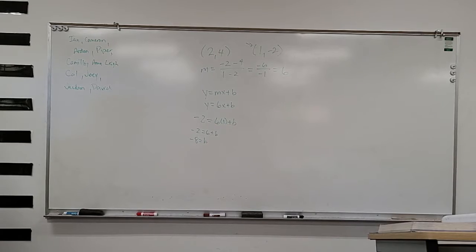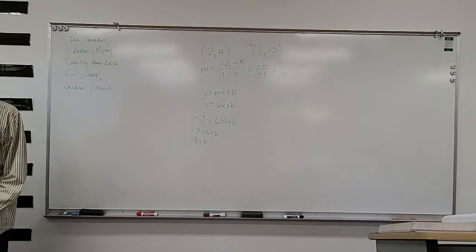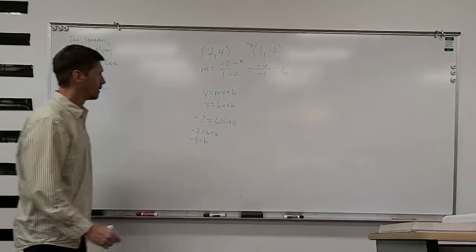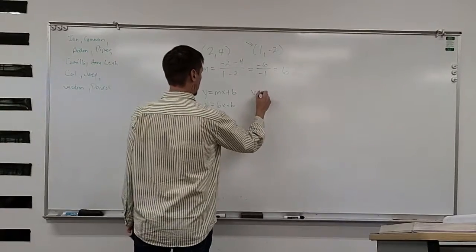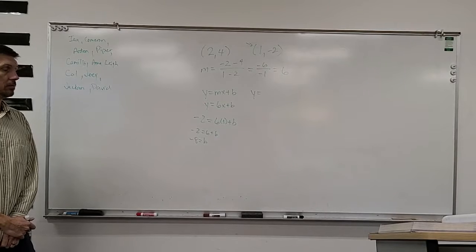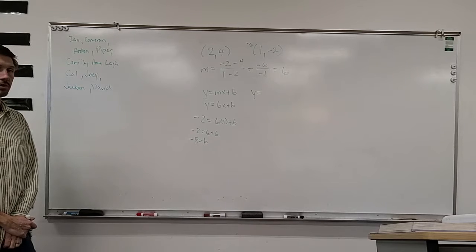All right? So somebody that hasn't got their name on the board yet, what would my final equation for my line be, if I know all those values? Brittany. y equals... What was our slope?